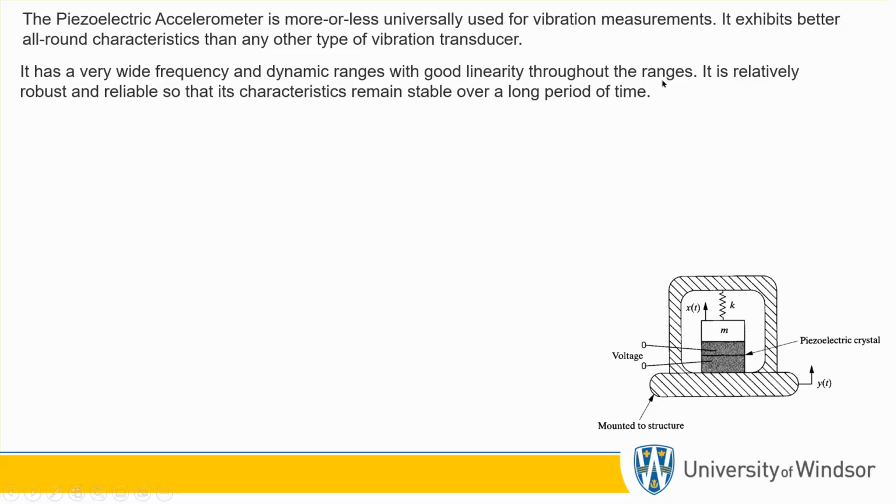It also has a very good linearity range, so things don't go crazy because the function is non-linear. And it's very robust. There is no wear and tear, and it actually acts as a damper itself too.